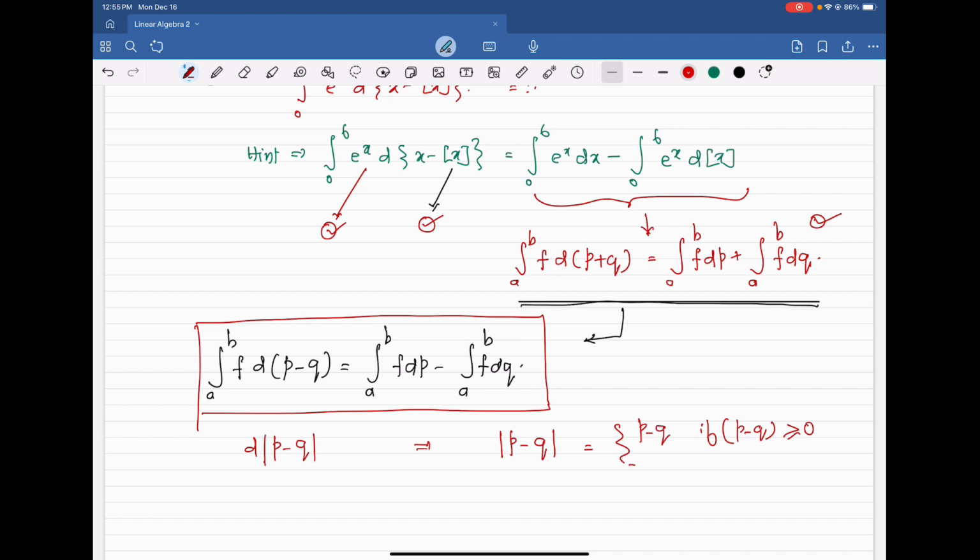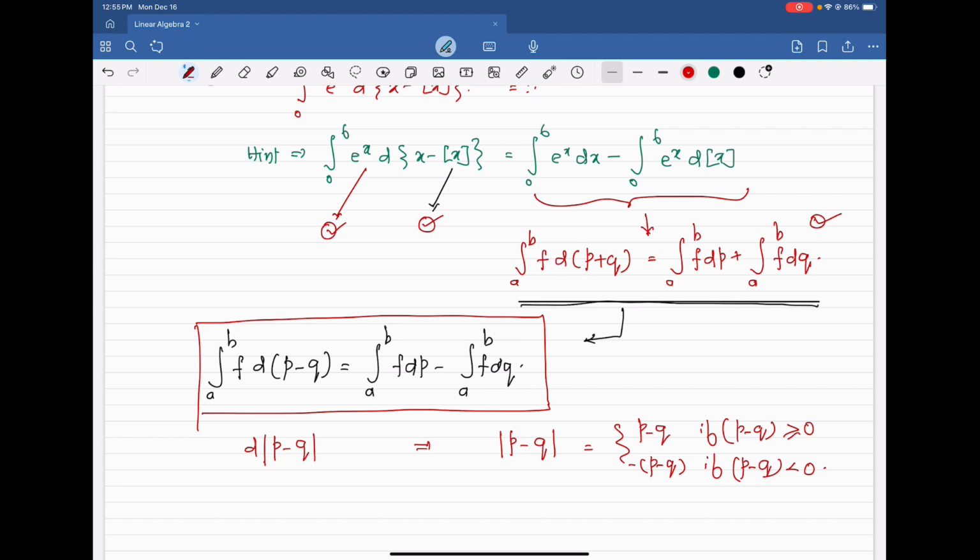It will be minus (p minus q) if p minus q is less than 0. This is the meaning of p minus q absolute value.